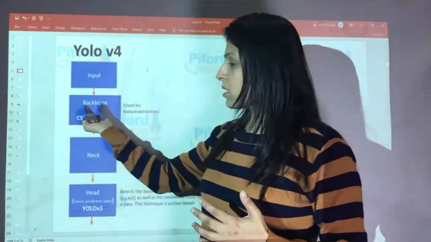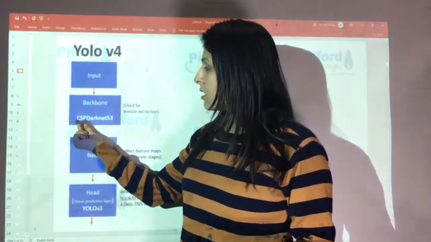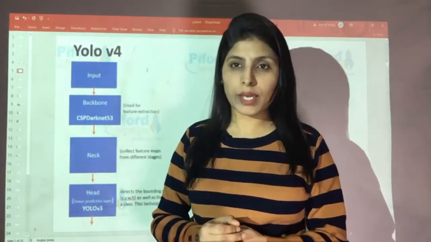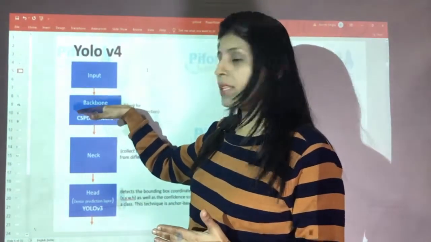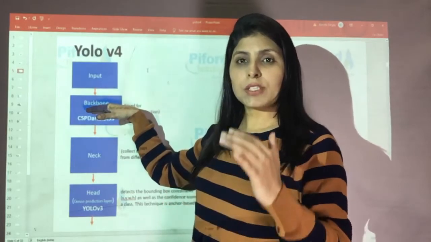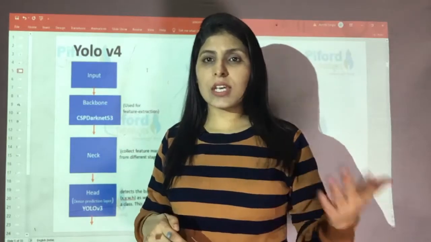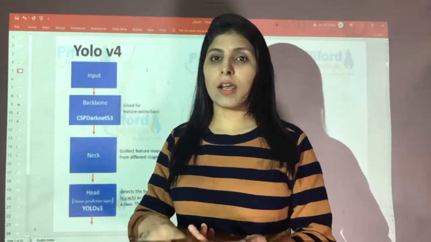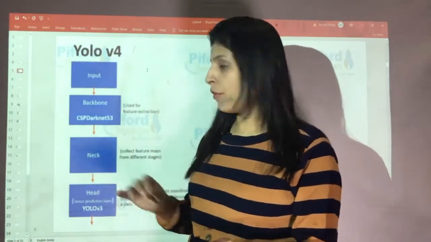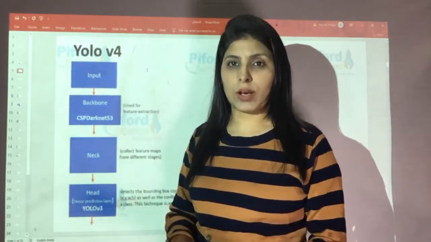For extracting features in YOLO version 4, we are using this particular network, CSP Darknet 53. This block is responsible for extracting features, and for feature extraction we can use other CNN networks also. We can use VGGnet and we can use ResNet. But in the paper of YOLOv4 they have used the CSP Darknet 53 algorithm for feature extraction.